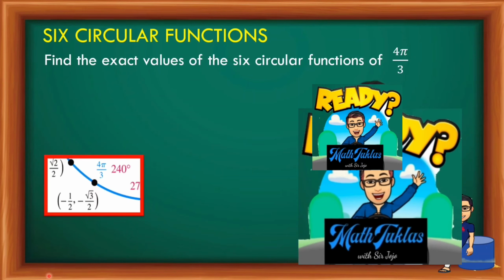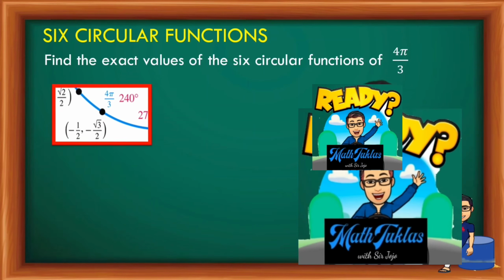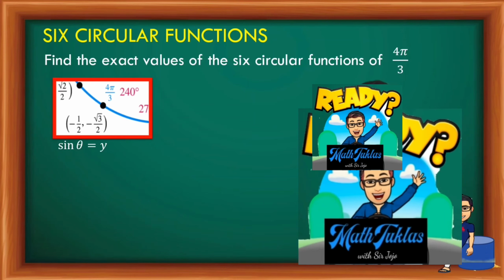So, ibig sabihin kung ano ang coordinate na nandoon, yun din yung ating gagamitin. So, ano nga ba ang coordinate ng 4 pi over 3? It's negative 1/2, negative the square root of 3 over 2. So, hanapin na natin isa-isa. Sin theta is equal to y, sabi natin kanina. Therefore, sin 4 pi over 3 is equal to negative square root of 3 over 2.